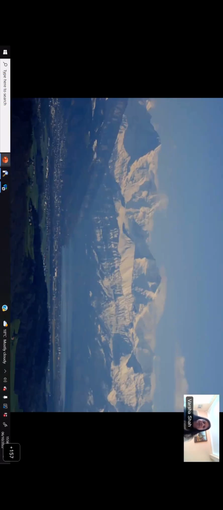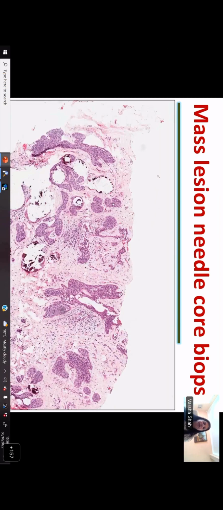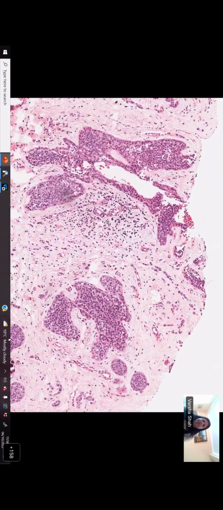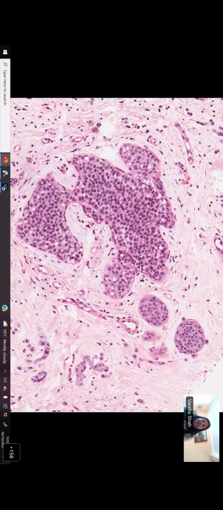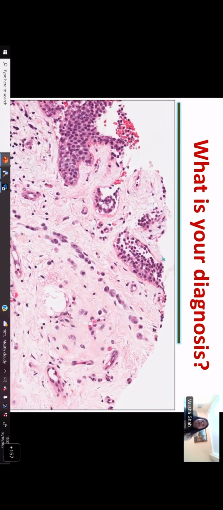Next case, mass lesion, needle core biopsy. We have a mass lesion here. Again, you can see there is an interface here, and we can see there is a definite mass lesion, and there is something going on inside the mass lesion. Okay, so you can look at that.